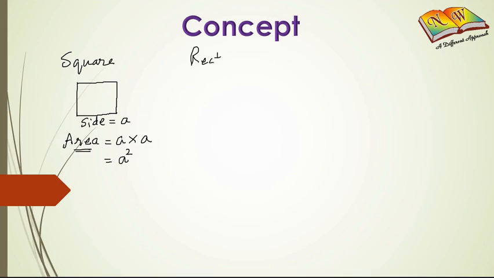Likewise, if you have a rectangle, then a rectangle has one more dimension than a square. Because a square has only one side, all the four sides are equal, the length of a rectangle is different than its width or breadth.